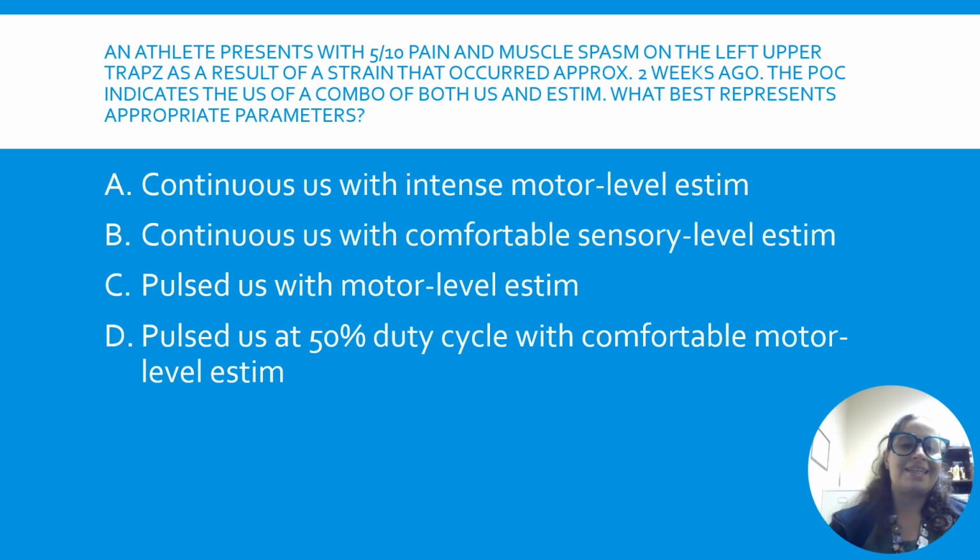So A says intense motor level ESTIM, and B says comfortable sensory level ESTIM, okay? Motor we know is a contraction of the muscle, and sensory is probably more pain related, right?